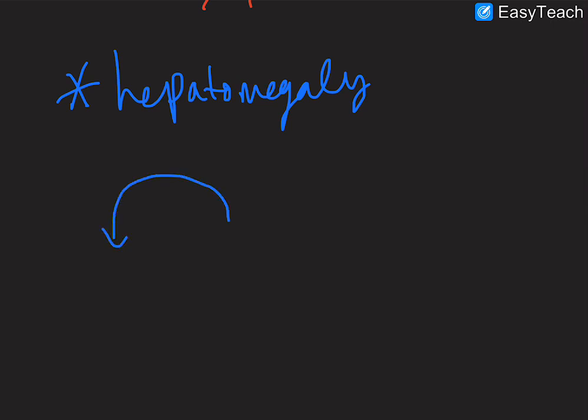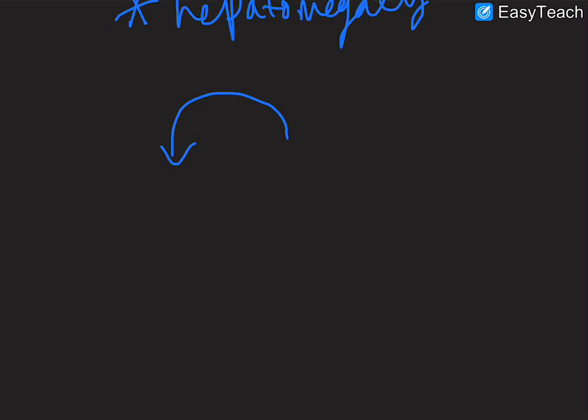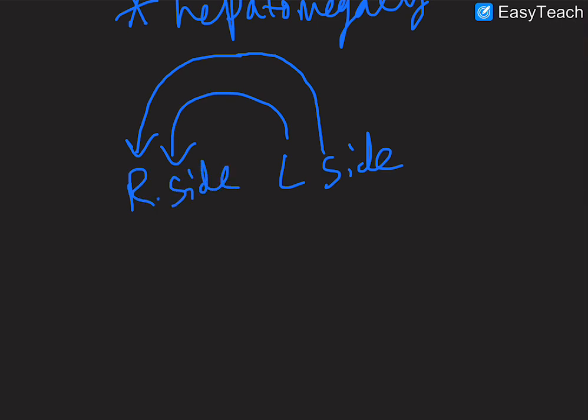Eventually it goes to your right side of the heart. Let's just say the left side of the heart is failing and it can't pump blood forward, right? So where's the blood eventually going to go? It's going to back up to your pulmonary vasculature, and from there, it's going to go to your right side of the heart.